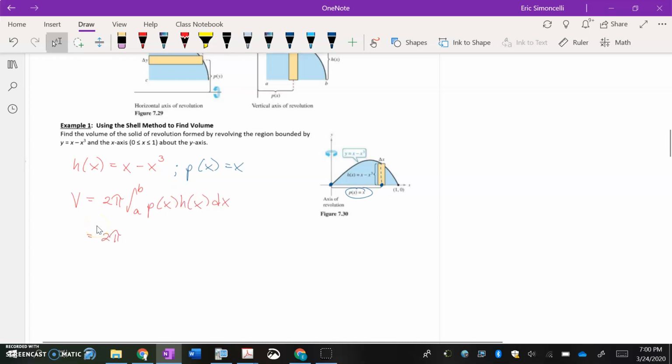But then we put it all together in the sense that we know A, the value here, of which 0, 1, the ordered pair, giving us the value of 0 for the A and 1 for B. We could go ahead and use those as our lower and upper bound values, and then, of course, P of x times H of x, and then, of course, d x, or dx.